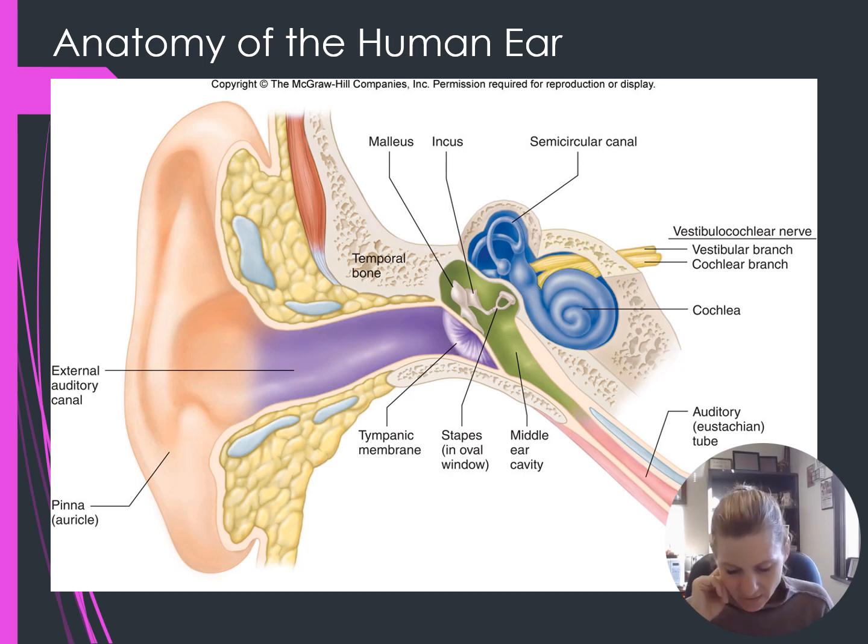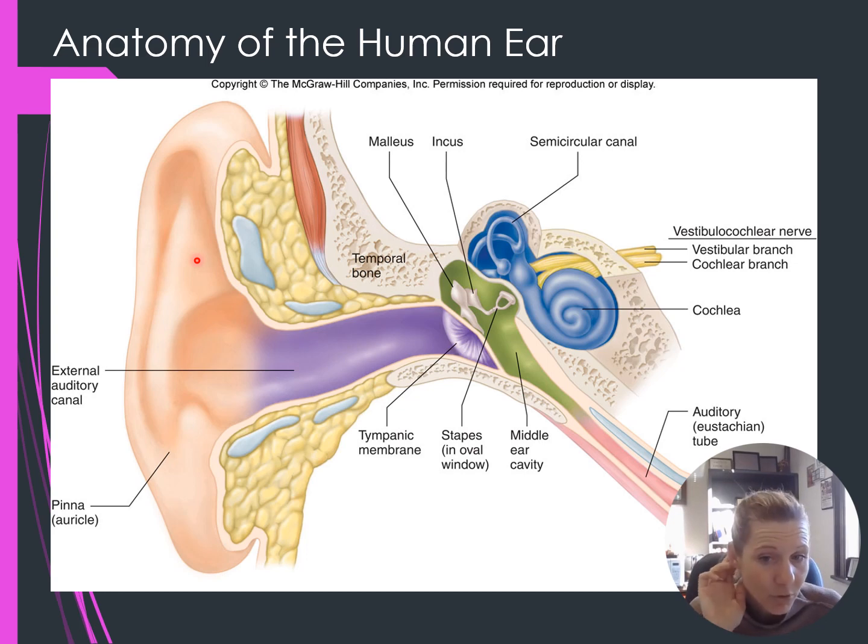Okay, so let's take a look at all of these components here. Here you can see the external ear. The first portion of this is known as the auricle or the pinna, and that is just like the external elastic cartilage that we can find here. This is going to act like a funnel.